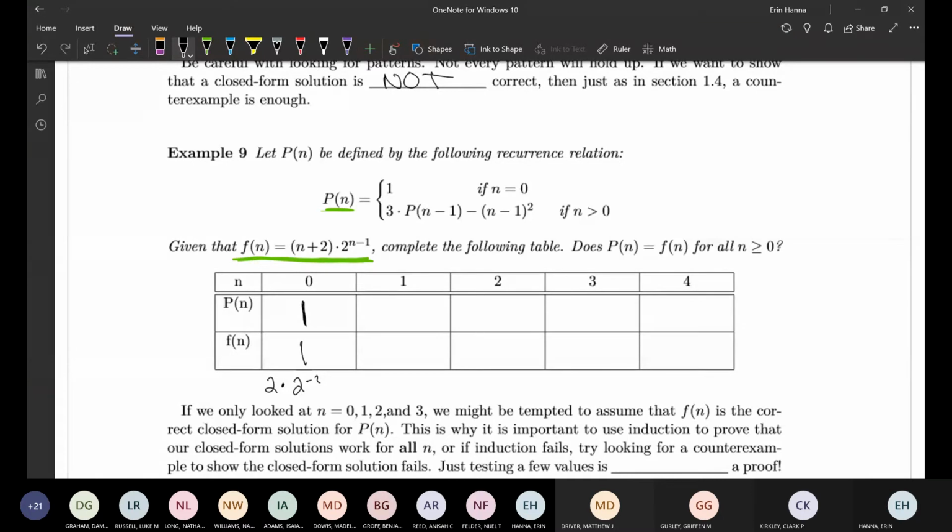What about P of 1? That would essentially be 3 times 1 minus 0. No. Sorry, minus negative 1 squared. Are my notes wrong? Is my brain wrong?